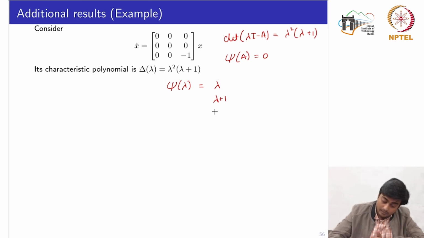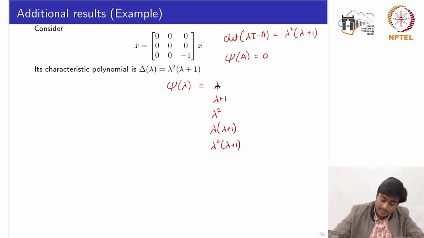Now there could be a polynomial of degree 2, which could be lambda square or lambda plus 1, and also it could be equal to the characteristic polynomial lambda square lambda plus 1, which is of degree 3. Now if we try to see with all these polynomials whether psi of A is equal to 0 is satisfied, then it would be the minimal polynomial.